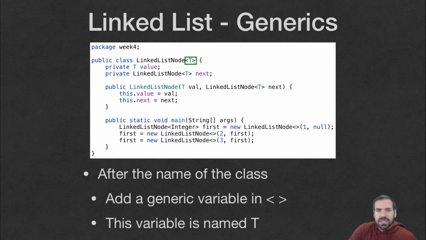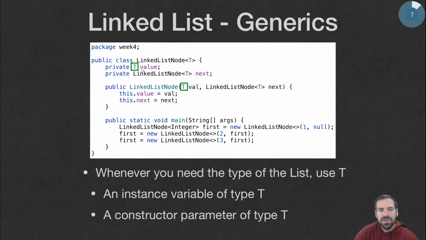Java calls type parameters generics. C++ calls them templates. I call them type parameters. I think that's the more language agnostic term to call them. I think that's the more generic term for them, besides generics. So I have a type parameter T, and then when I want to use that type, I use it just like any other type.